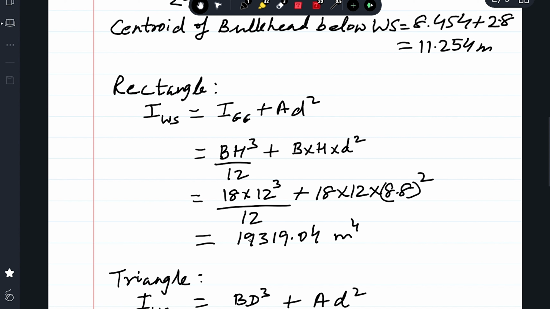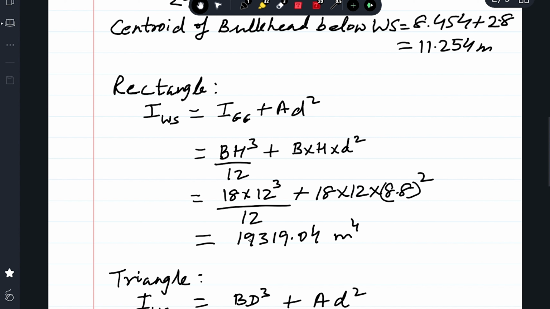So here in this case it will be breadth multiplied by the cube of the height of the rectangle upon 12, plus the area of the rectangle, breadth into height, and D square. So put the values here.